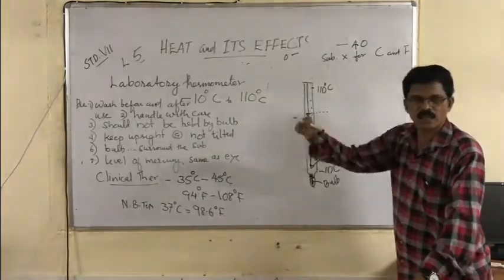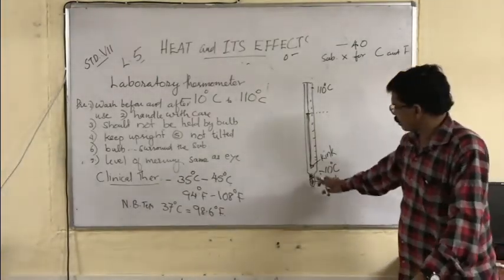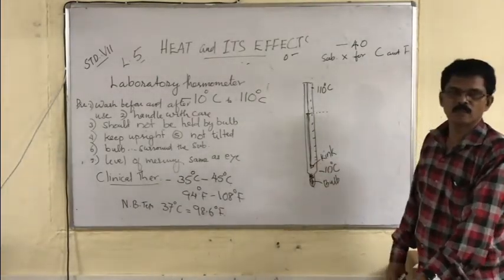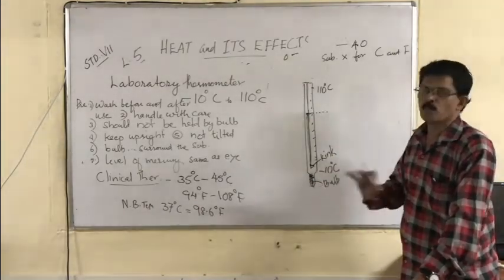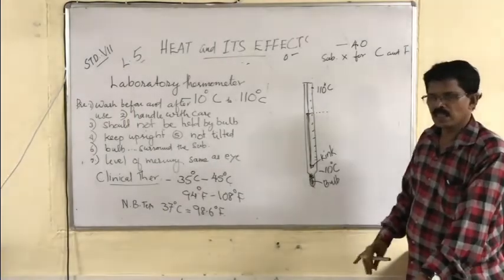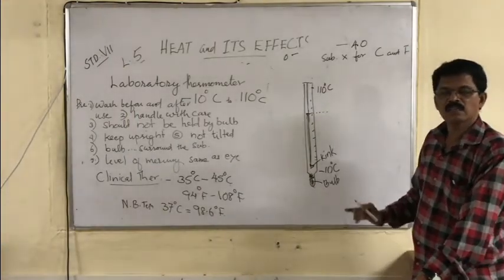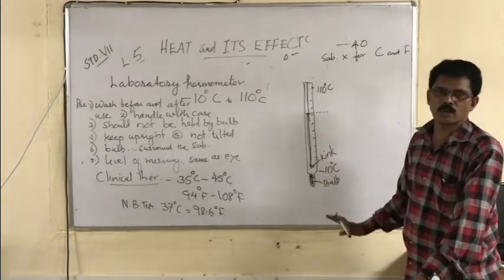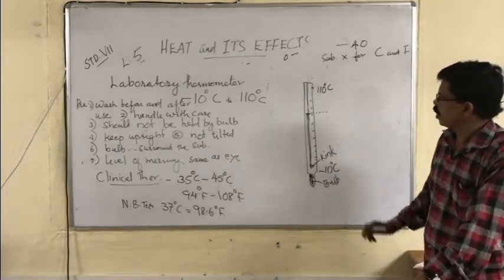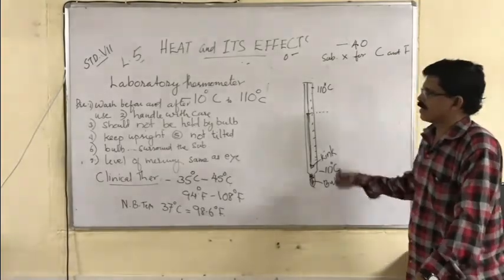After measuring the temperature of an object, the bulb should be washed, so that it will come to the room temperature. After washing in normal water, the thermometer will show the room temperature only. So before and after the use, we have to wash it.